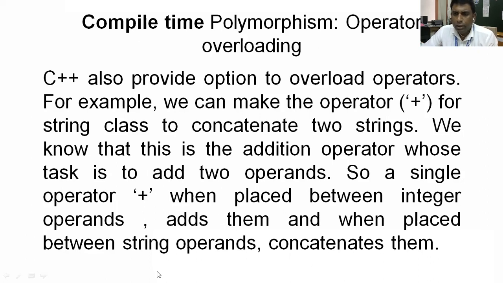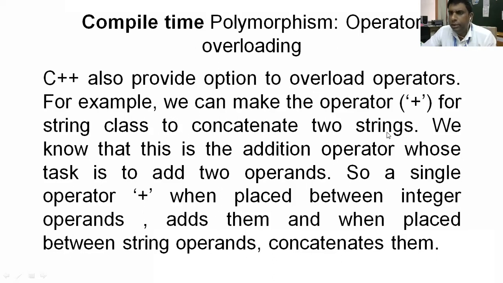Now come to the important topic, operator overloading, which is also compile time polymorphism. C++ provides the option to overload operators. For example, we can make the plus operator for a string class concatenate two strings.